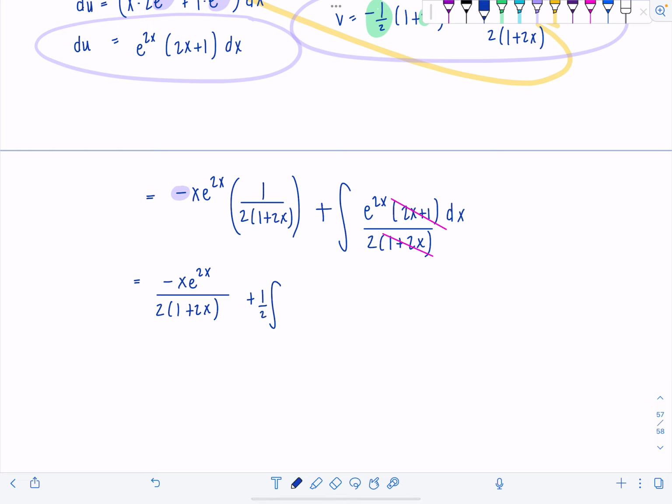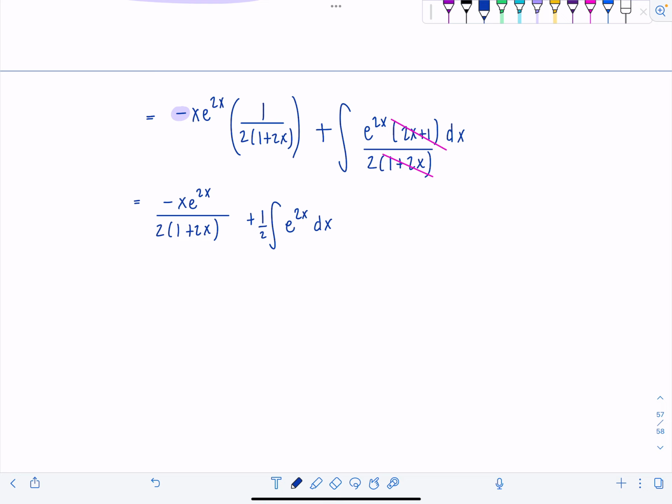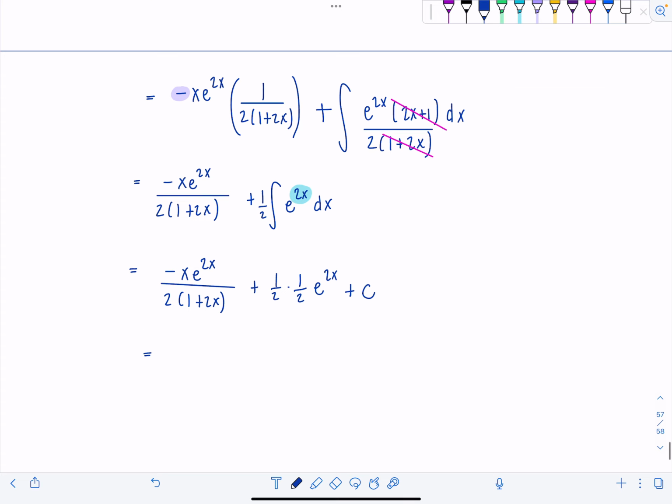Why didn't I just write 1/2 e to the 2x dx? And then hopefully you don't need to do any sort of additional substitution to integrate. So just leave that negative x e to the 2x outside. 2 times (1 plus 2x) plus 1/2. When you anti-differentiate e to the 2x, you're going to have to multiply by another half and then leave it e to the 2x plus c, and we're almost done.